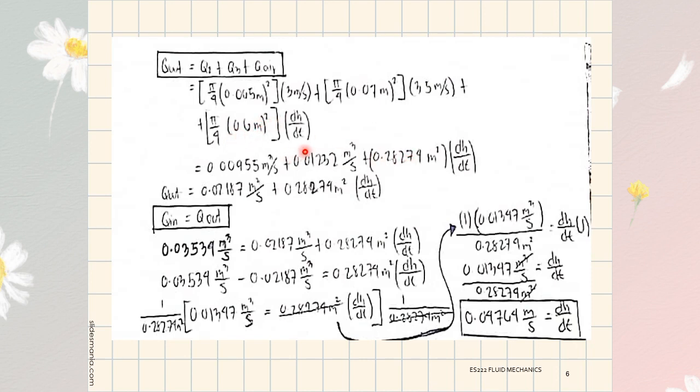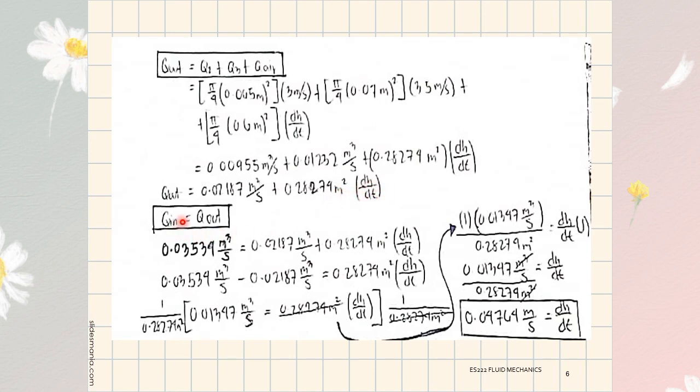Copy the missing term, which is dH over dt. So Q out is equal to 0.02187 cubic meters per second plus 0.28274 square meters times dH over dt.